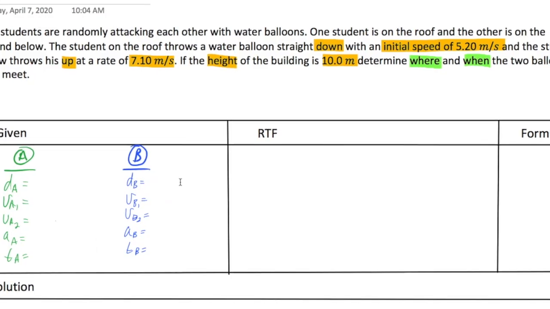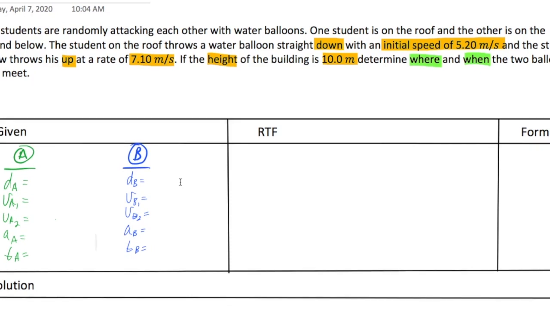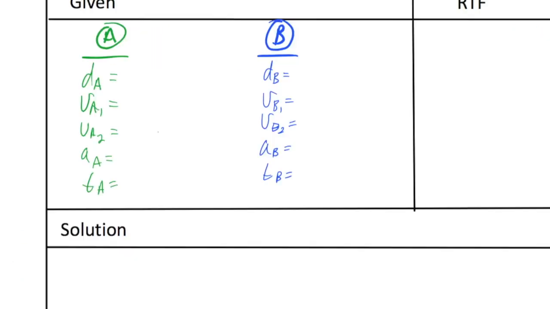Balloon A, the first balloon, is being thrown down with an initial speed of 5.2 meters per second. So our VA1 is negative 5.20 meters per second, negative because it's going down. We know the acceleration because that is gravity, which is negative 9.8 meters per second squared, and that's also the same for object B because it's the same planet.